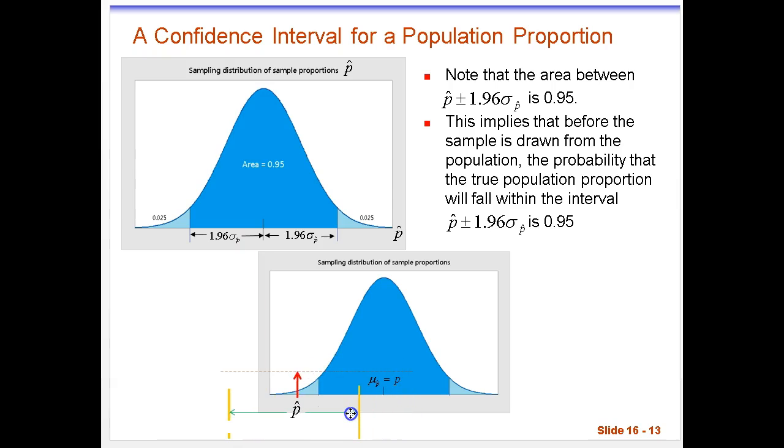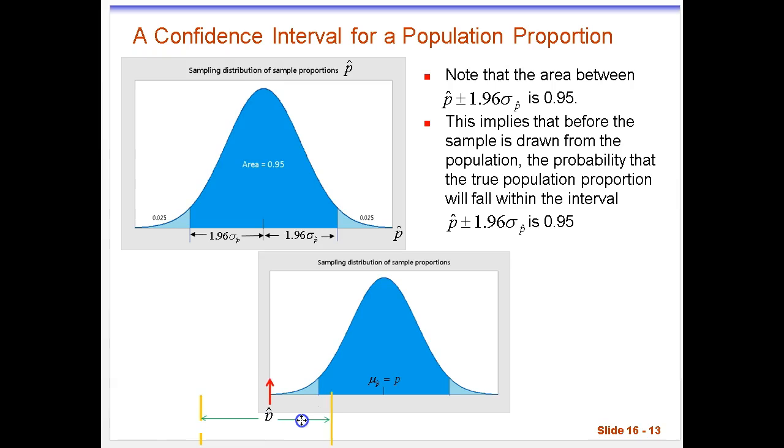Now, there are places, however, where it won't contain it. Let's say I pick my 100 people and count how many of them have green eyes, calculate my sample proportion, and the number falls right here. And I do my calculation, and here's my interval falling between these yellow fences. Does this interval contain my true population proportion? The answer this time is no. This center value does not fit between these two yellow fences.